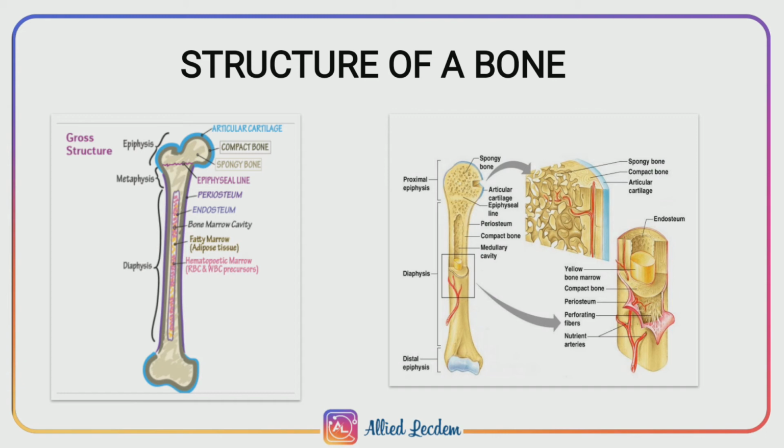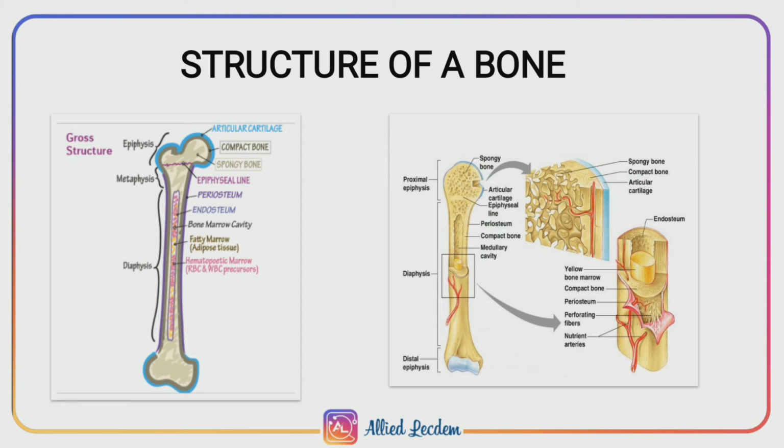Naked eye examination of a longitudinal and a transverse section of a long bone shows the following features. The shaft, from without inwards, is composed of periosteum, cortex and medullary cavity. Periosteum is the thick fibrous membrane covering the external surface of the bone.